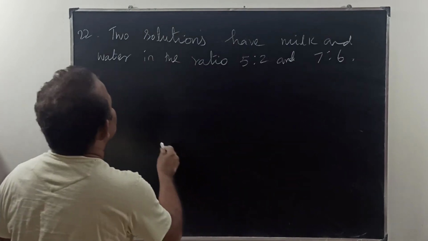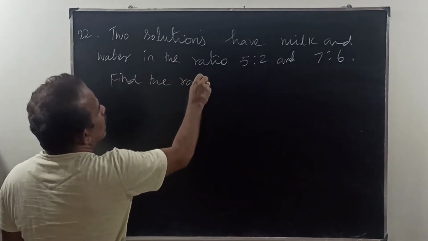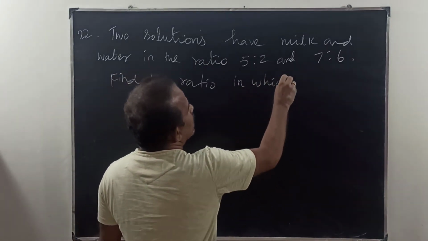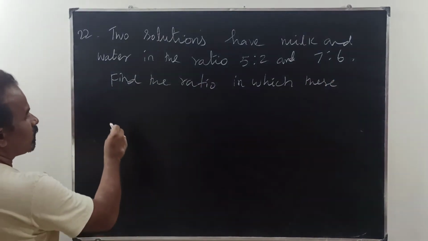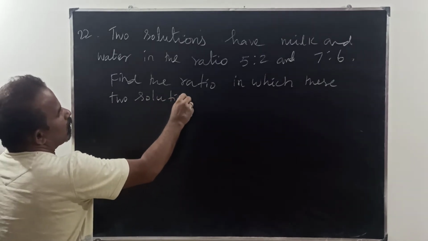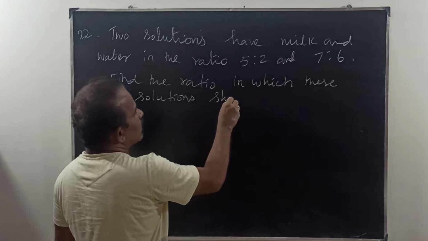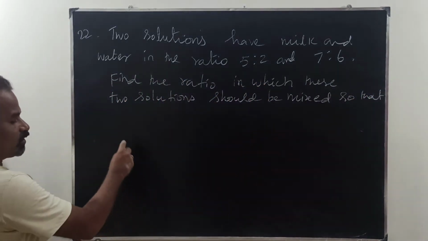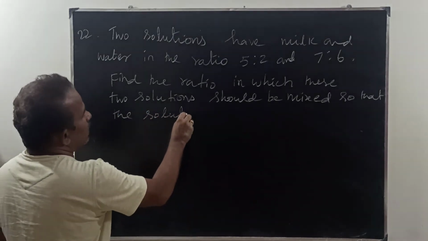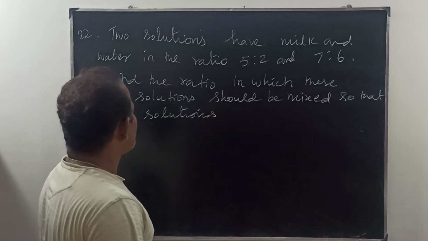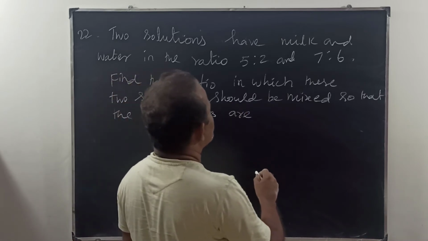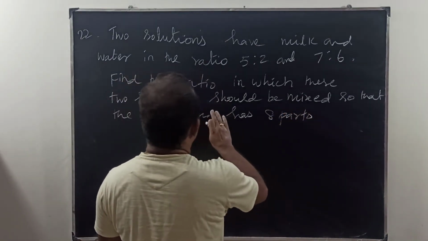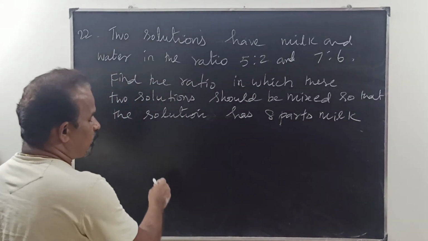Find the ratio in which these two solutions should be mixed so that the resulting solution has 8 parts milk and 5 parts water.